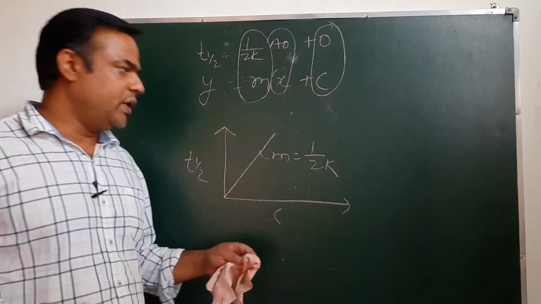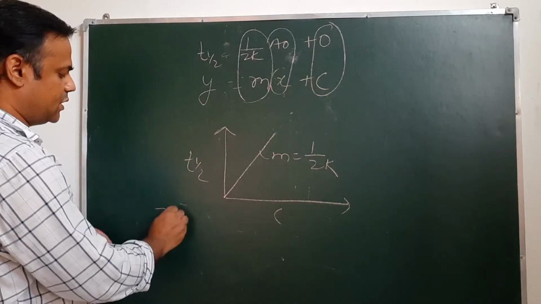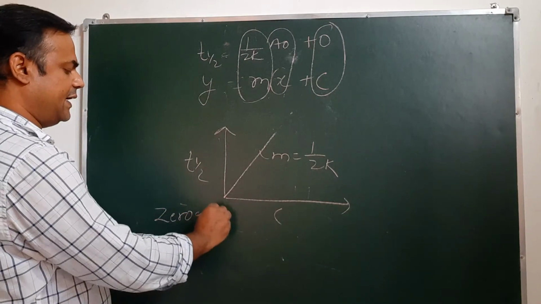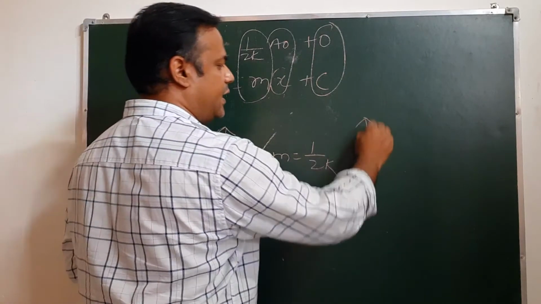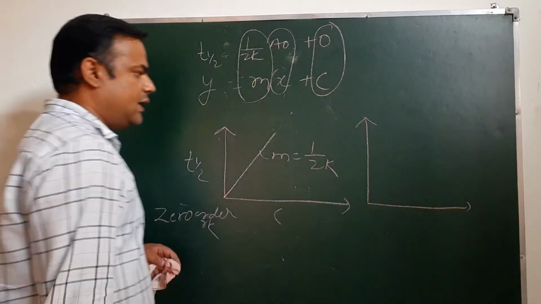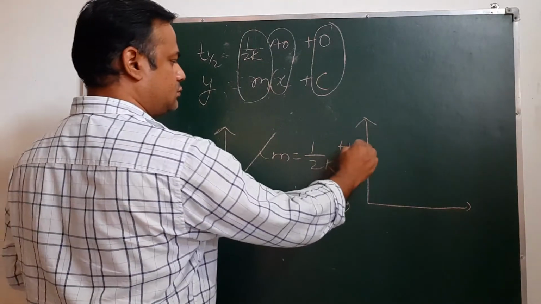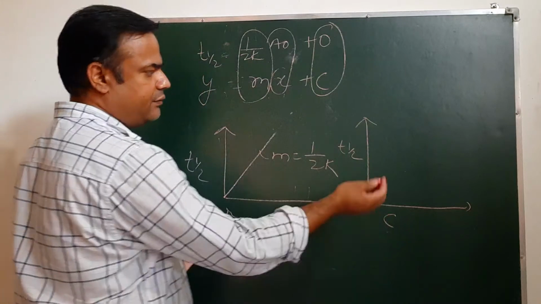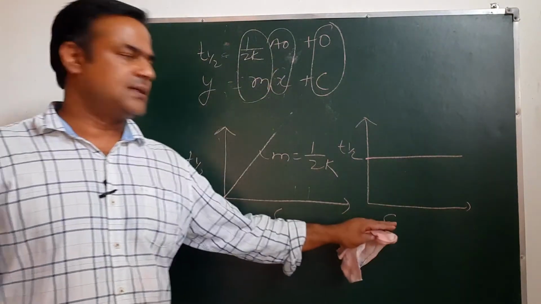So we have seen two cases here. This was the case of zero order reaction. But in case of first order reaction, the graph, as we have seen, will be a line parallel to the concentration axis.